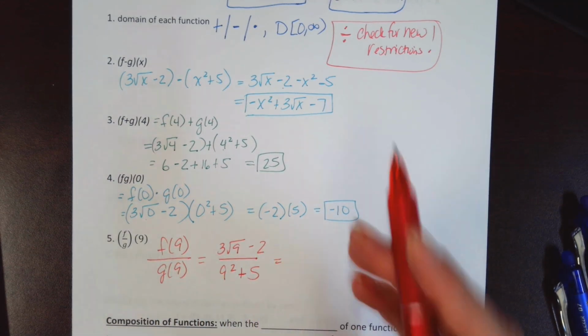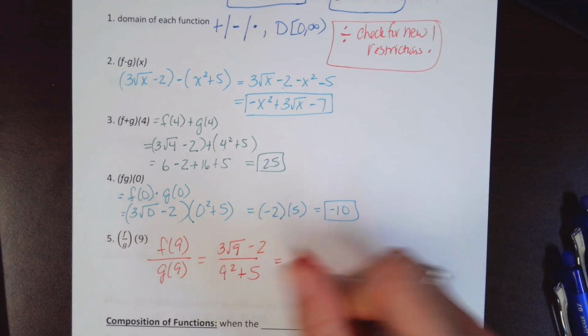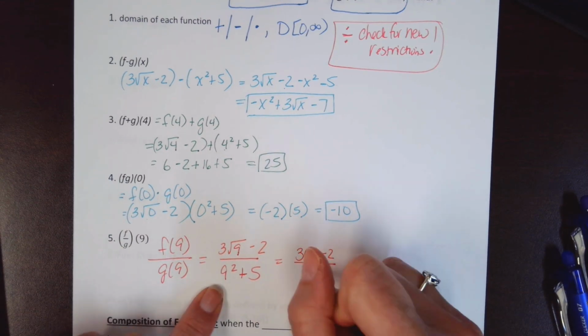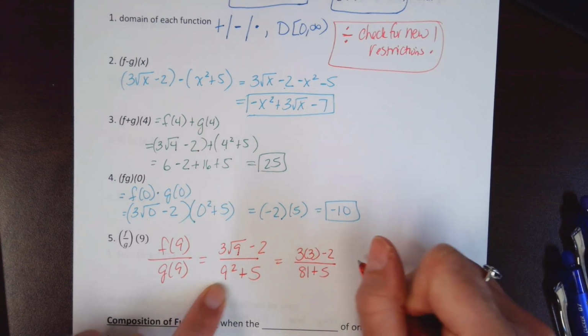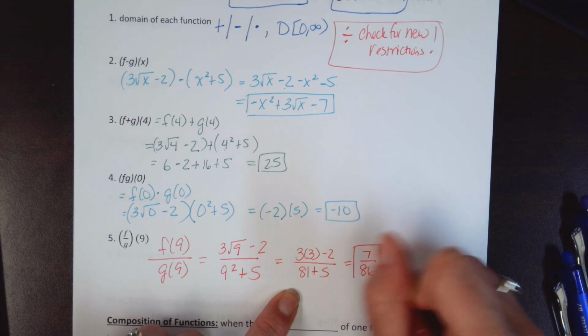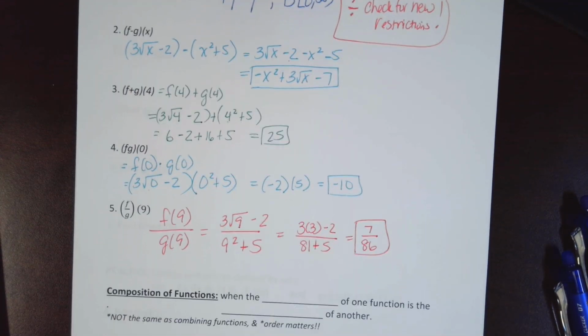And here we go. Square root of 9 is 3, so that's 3 times 3 minus 2. 9 squared is 81. So I have 9 minus 2 is 7 over 86. All right.